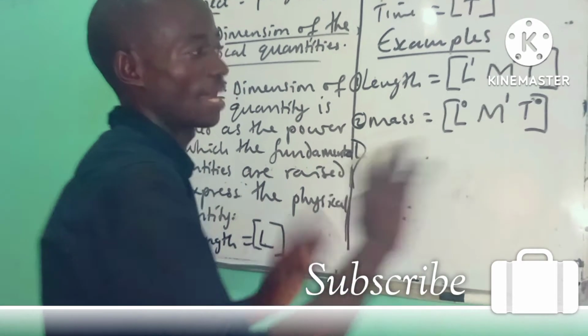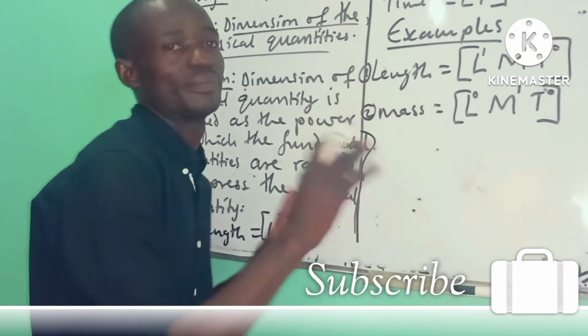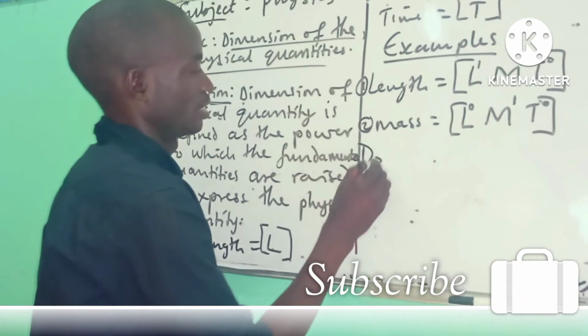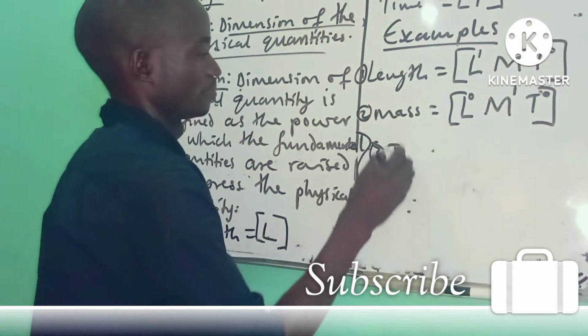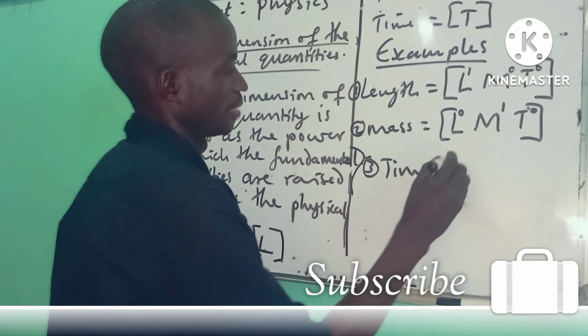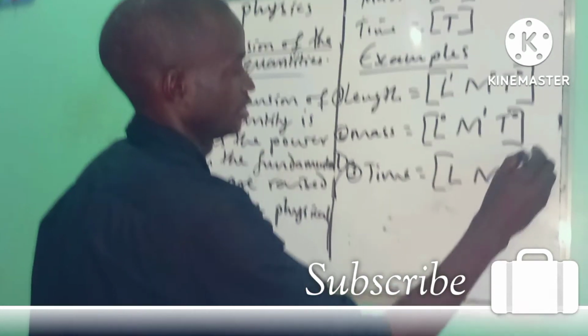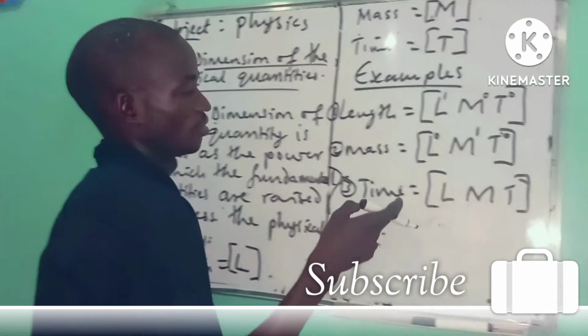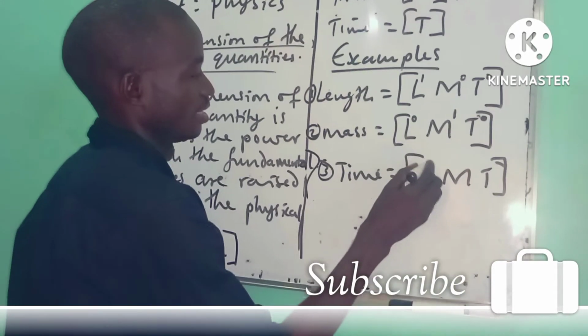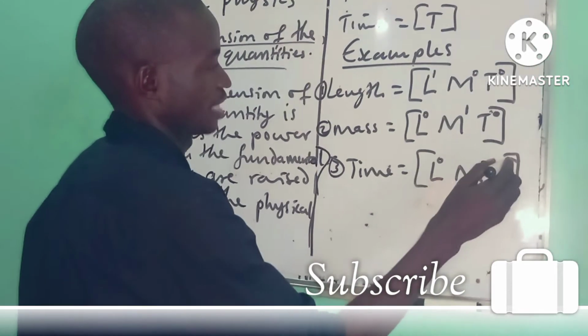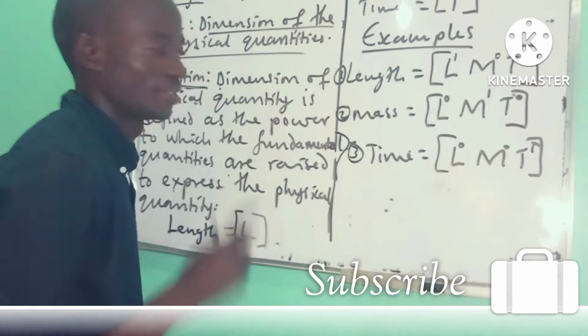Power of 0 means absent. Power of 1 means present. Now, 3, which is the next, is time, which can be expressed in terms of L, M, T. So now we are considering dimension of time. So it means that length is absent, mass is absent, but time is present.